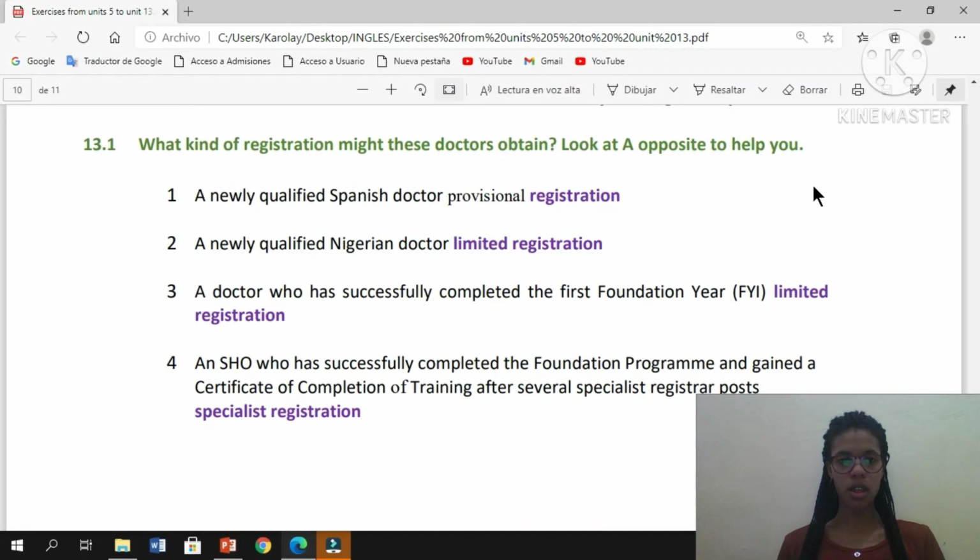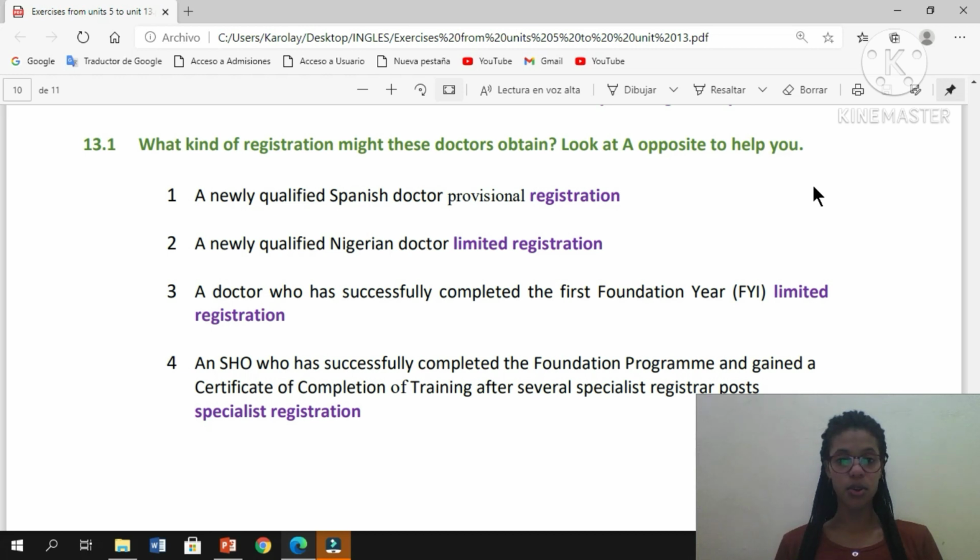Exercise Unit 14. What kind of registration does a doctor often have? Look at A to help you. A newly qualified Spanish doctor. Provisional registration. A newly qualified Michigan doctor. Limited registration.